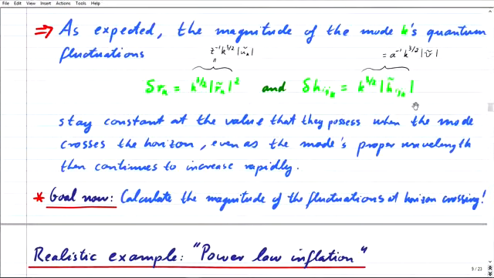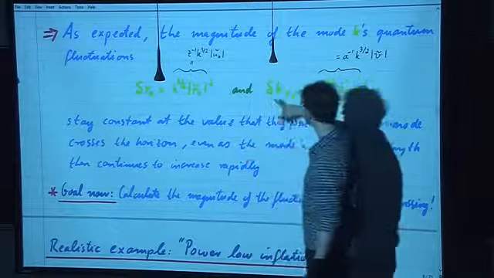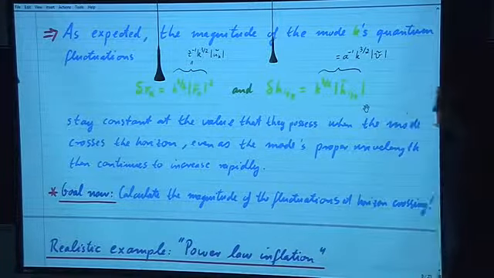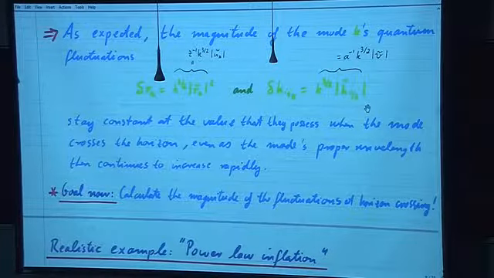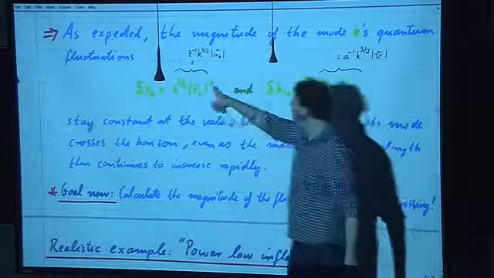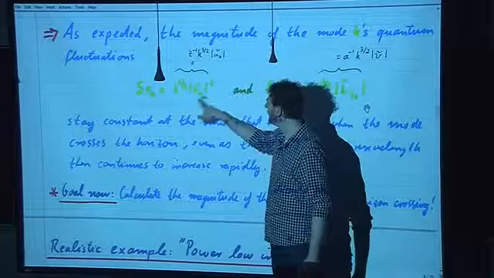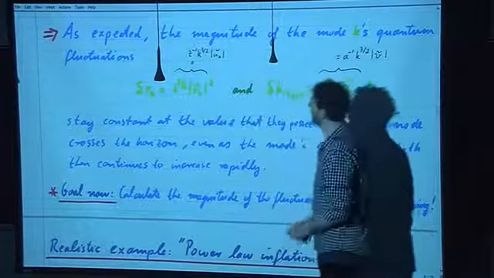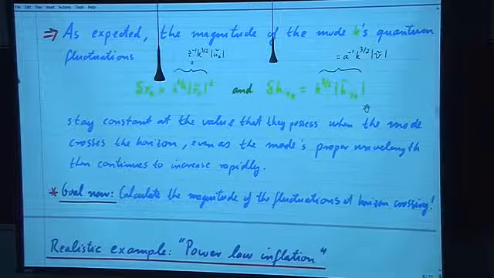Now remember, I'm just making more accurate what I said earlier. The size of the quantum fluctuations of, for example, the Mukhanov field, or of the gravitational waves, according to our formulas earlier, is given by the modulus of the mode function times k to the power 3/2, where k is the comoving momentum of the wave.